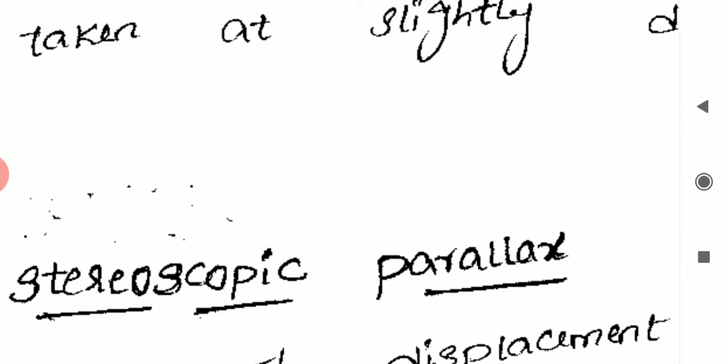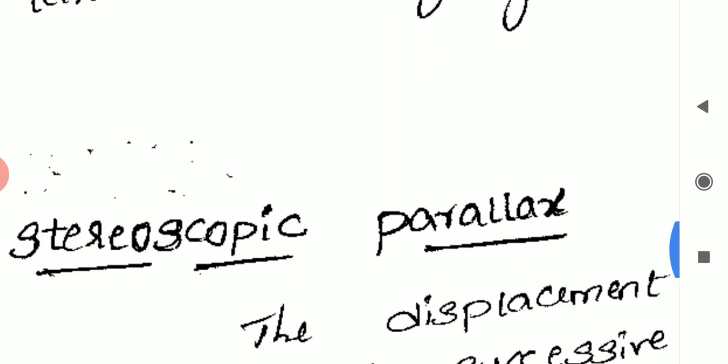Stereoscopic parallax is the displacement of the image of a point on two successive exposures. It is caused by photographing the same object from different points of observation. There are two important aspects of stereoscopic parallax. First, the parallax of any point is directly related to the elevation of the point.